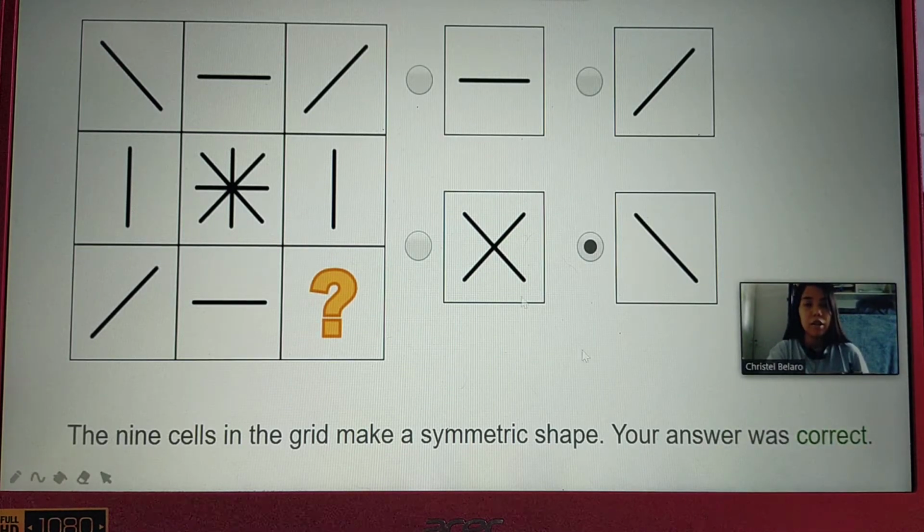So again, in our trial, the answer is letter D. The 9 cells in the grid make a symmetric shape. Your answer was correct. Let's start with your number 1.